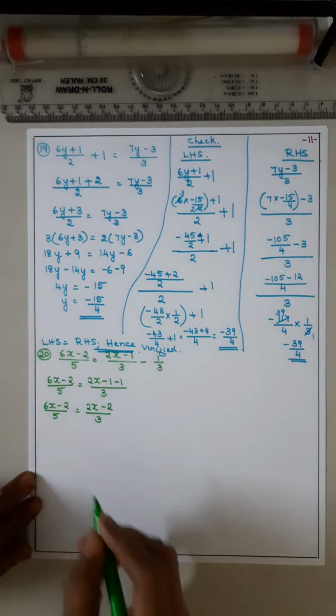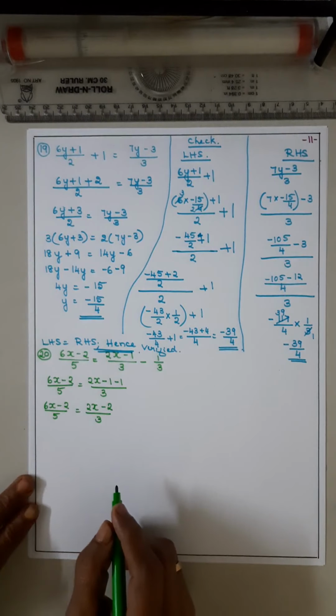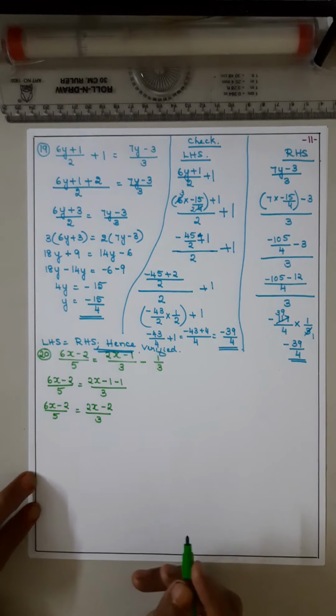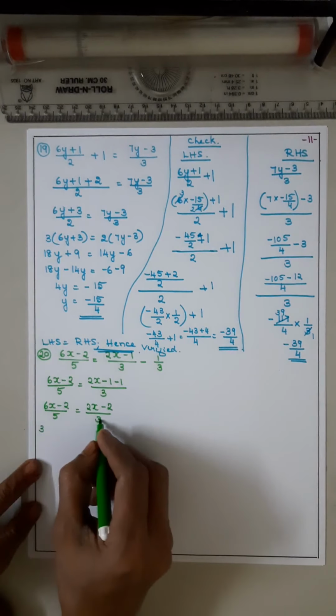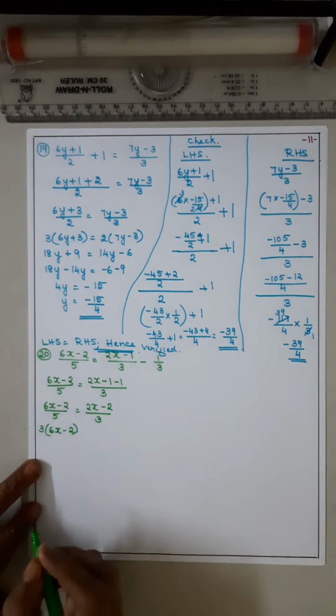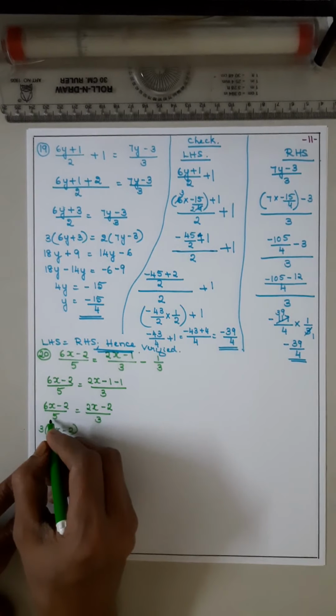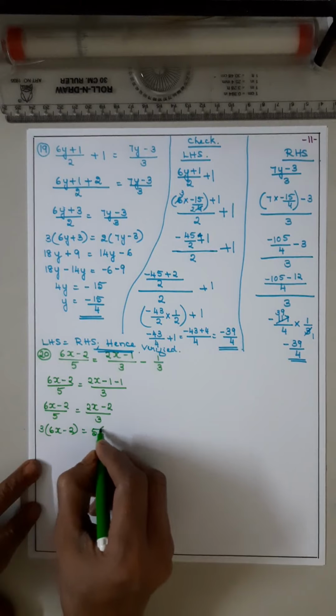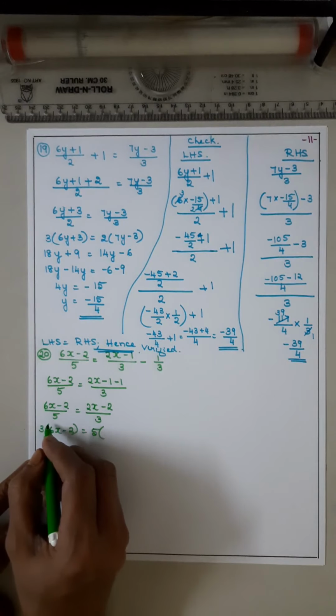Now both the sides have a numerator and denominator, so what do we have to do? We have to cross multiply. So 3 into the numerator on the left side, and the denominator on the left hand side is 5.